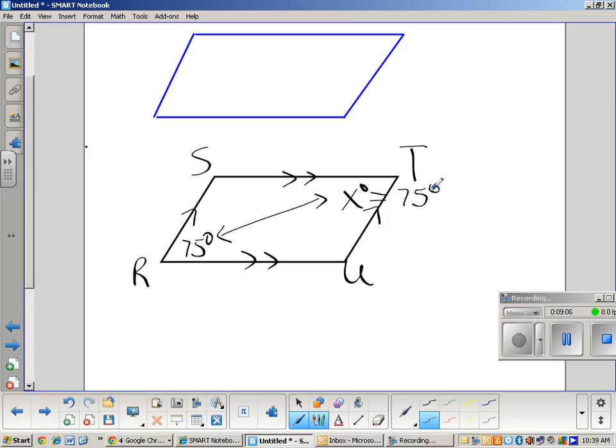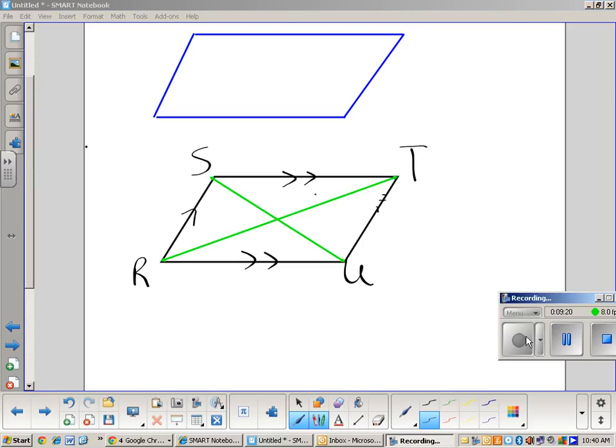What was the third item that we knew was true? The diagonals bisect each other. So let's draw that. I've gone ahead and drawn the diagonals in there. We've said that the diagonals bisect each other.